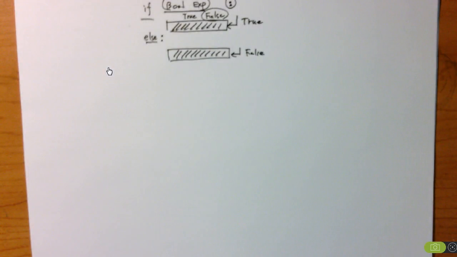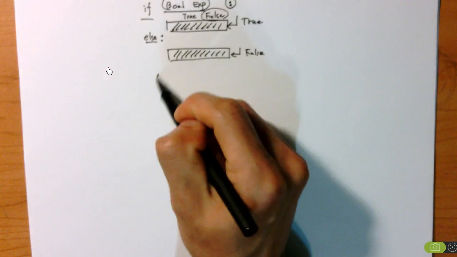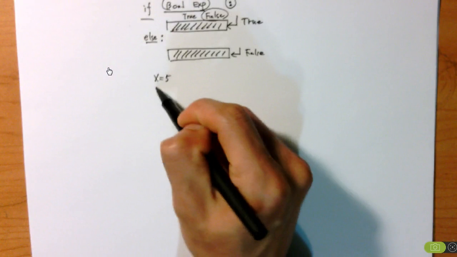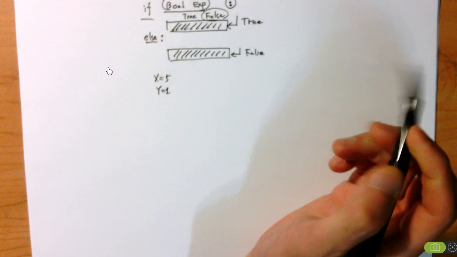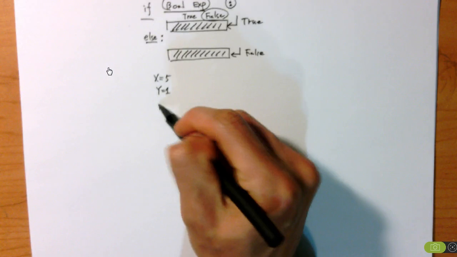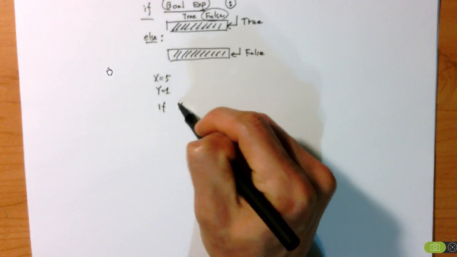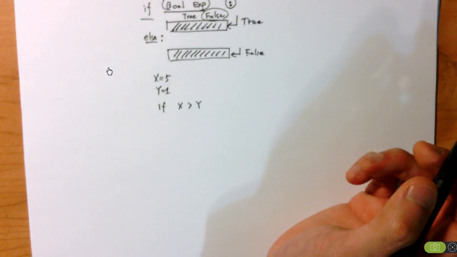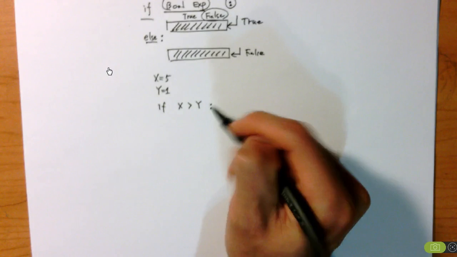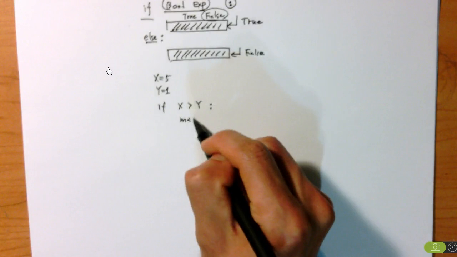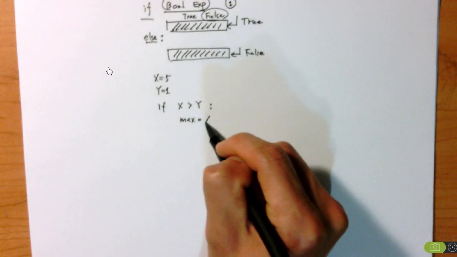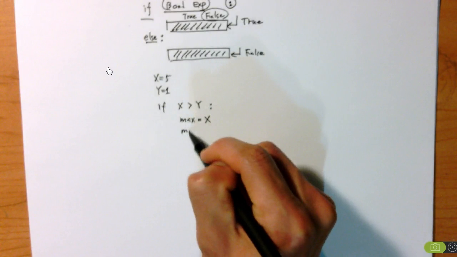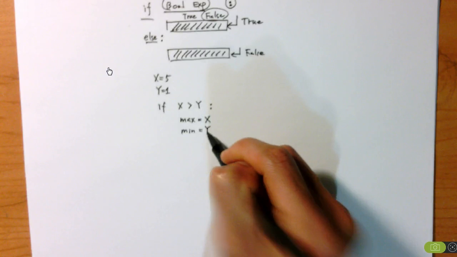Now one example: let's say x is 5, y is 1. If x is greater than y, for example, then colon, I'll say the maximum value is x and the minimum value is y.